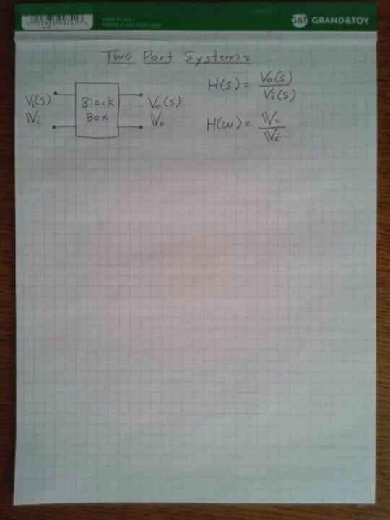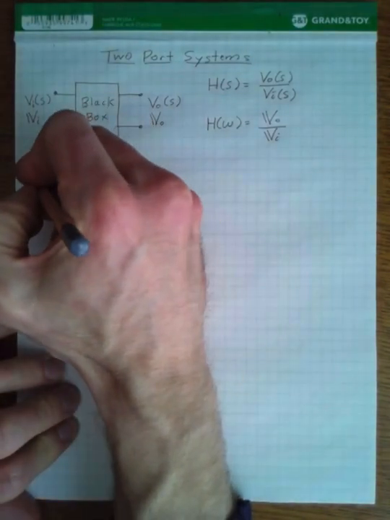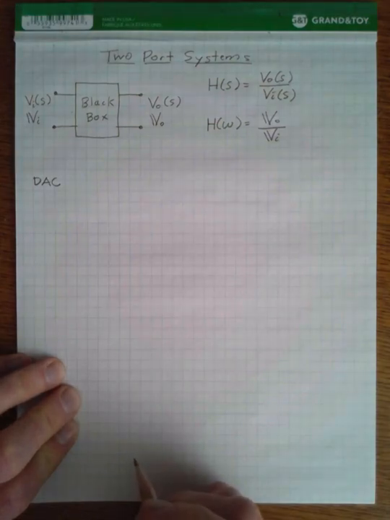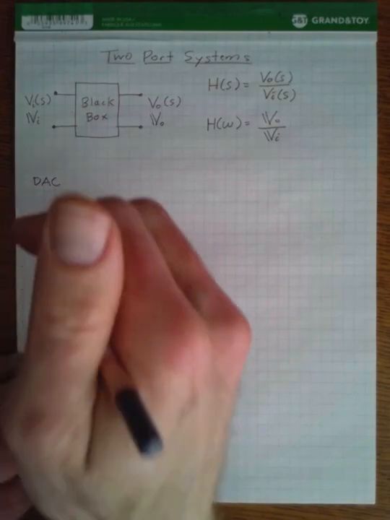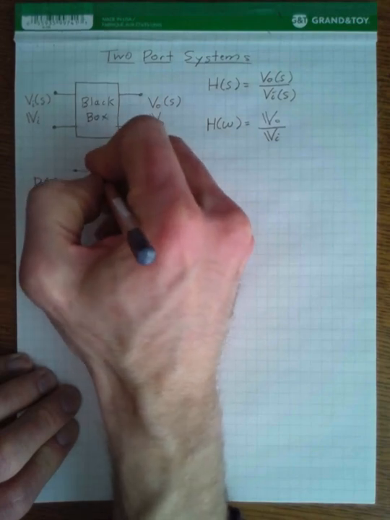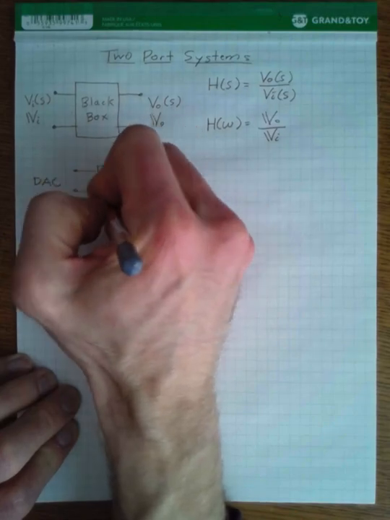However, a filter doesn't just stand by itself. We usually want to drive it with some sort of amplifier, and we also want to connect it to some sort of load. A good example of this might be a digital to analog converter that's creating an analog signal based on some digital information. However, there's maybe some high frequency quantization noise in this signal, and so we want to use a low pass filter to get rid of that high frequency noise.